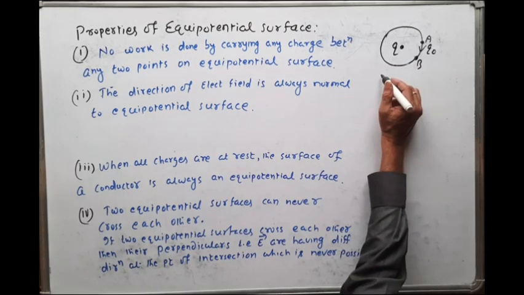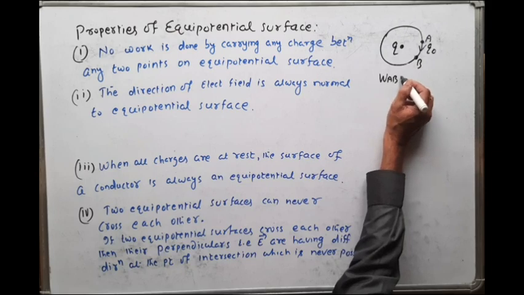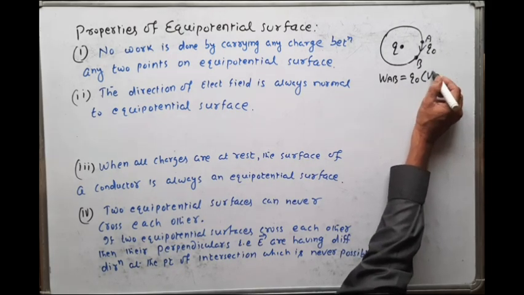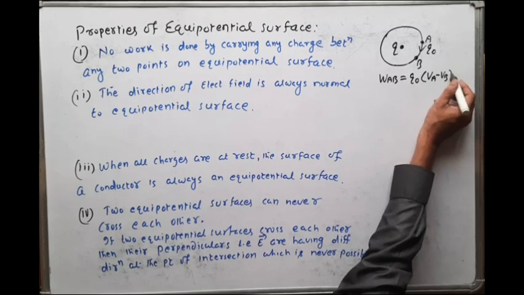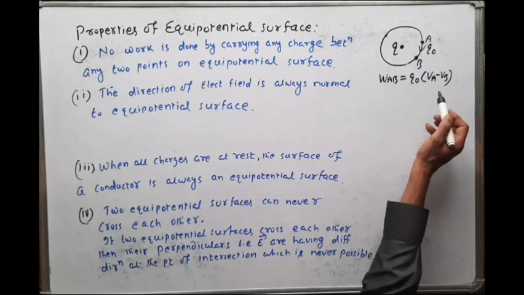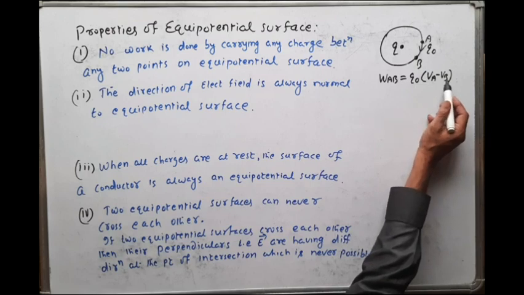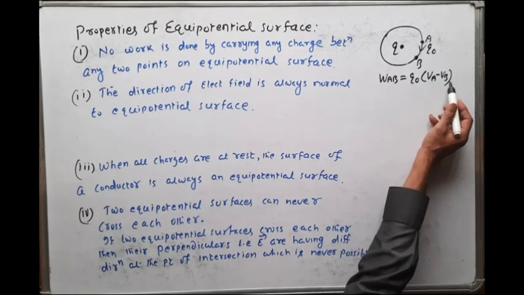What is the formula of work done? Work done from A to B is nothing but the charge into the potential difference, VA minus VB or VB minus VA, whichever. If the work is done by the electric field, it is VA minus VB. If the work is done by the external force, then it is VB minus VA.